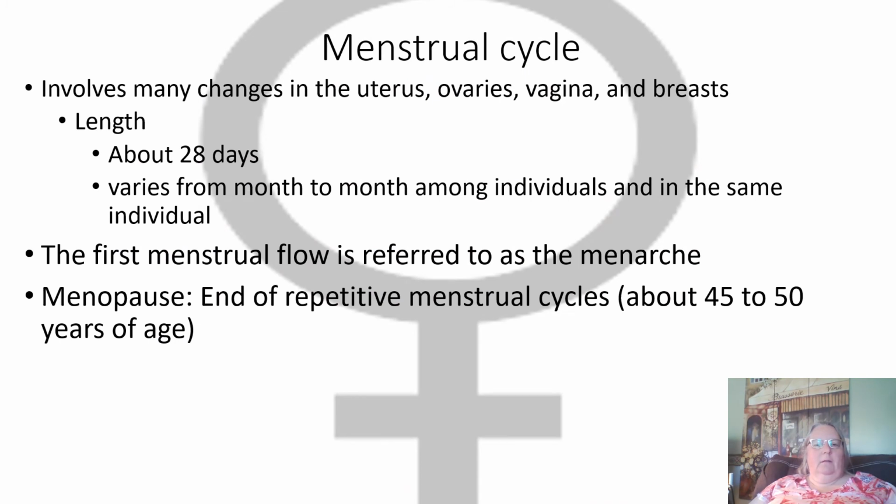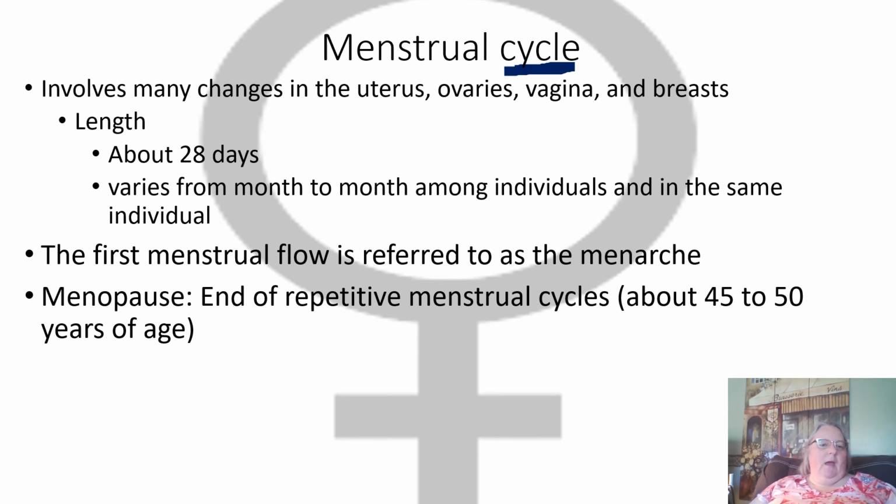Menstrual cycle, and I want to stress cycle, okay? It involves many changes within the uterus, ovaries, vagina, and the breast. The cycle is about every 28 days. It varies from month to month and from individual to individual, and it might not be the same in an individual.